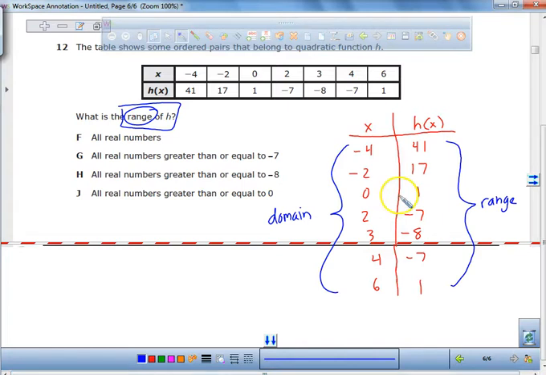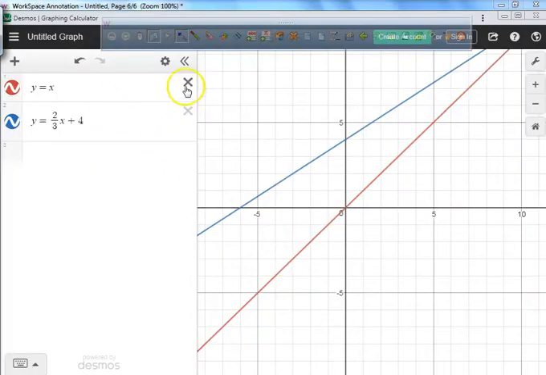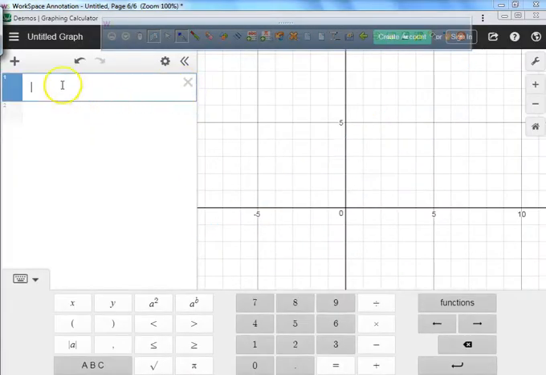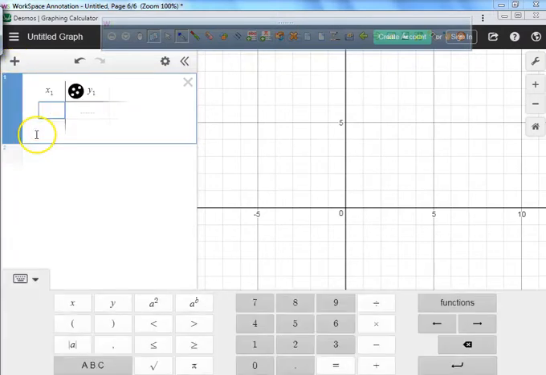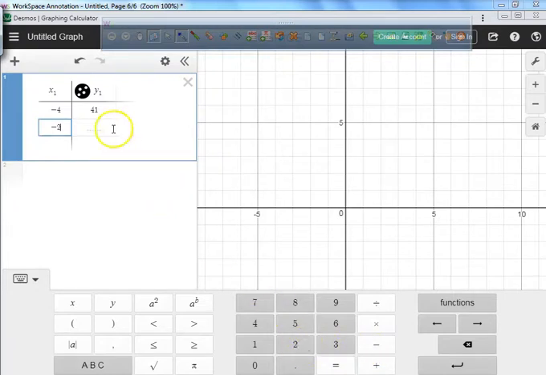Now what we're going to do, we're going to take this table, go to Desmos, and take a look at it. So I'm going to clear this out, hit the plus sign, and make a table. Now help me out here, Ethan, what you got? -4 and a 41. Okay. What's the next one? -2 and a 17.